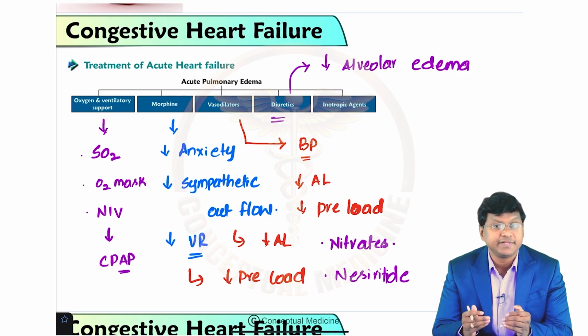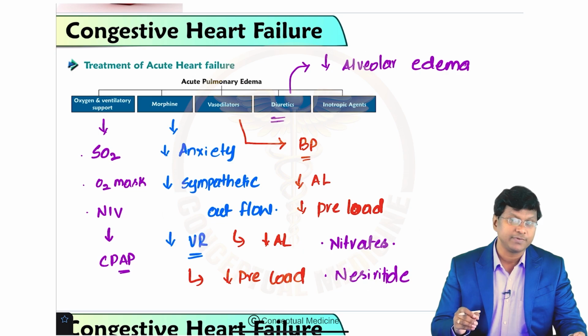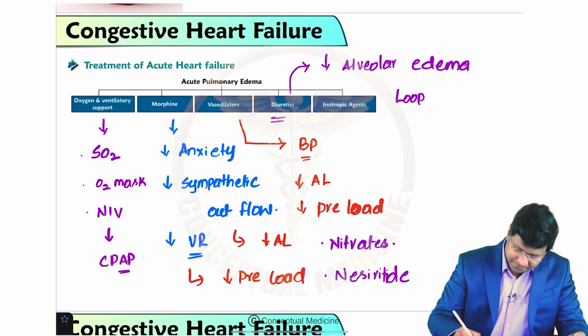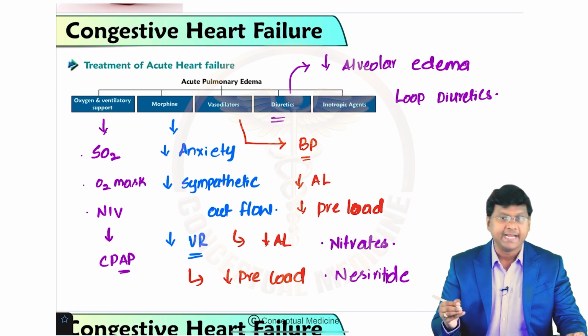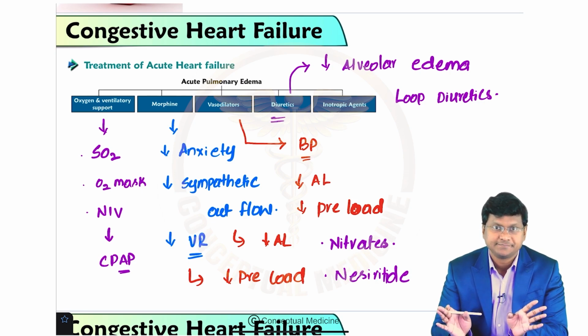The diuretics used are intravenous formulations, that is the loop diuretics. Examples include furosemide, bumetanide or torsemide. These are the preferred choice due to their strong and brisk diuretic effect.